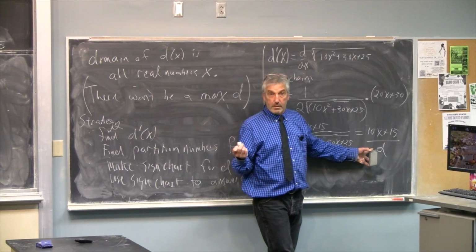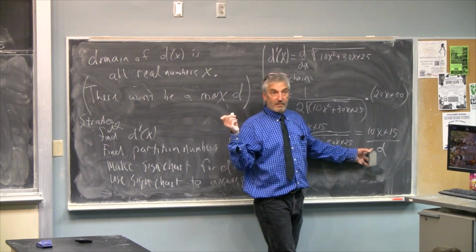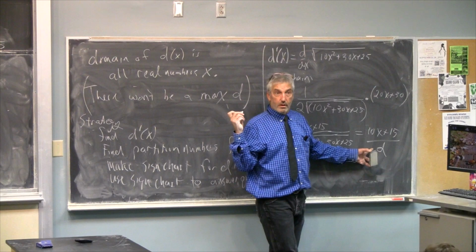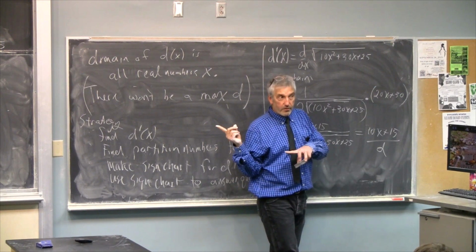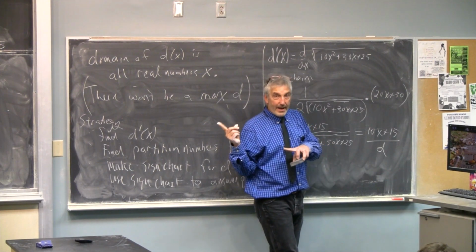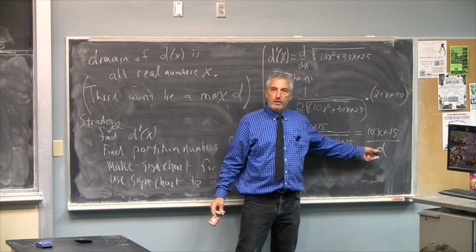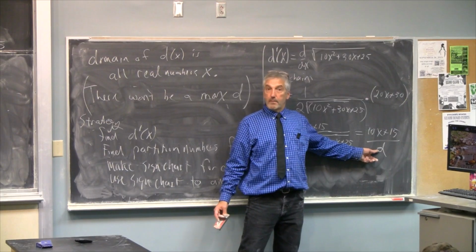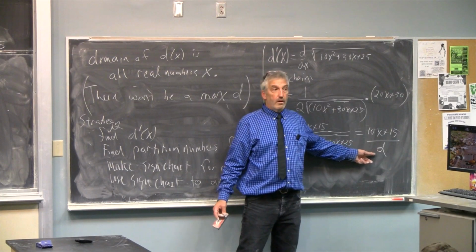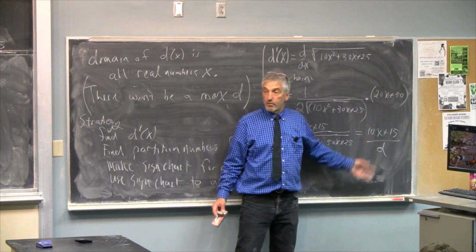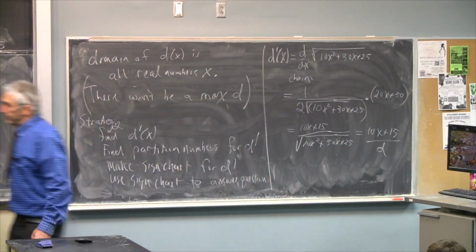Oh, well, there aren't any. Remember, a while ago we talked about this. The distance is never going to be 0 because that line doesn't go through the origin. So in terms of bad x values that cause d prime to not exist, there aren't going to be any. D prime always exists.